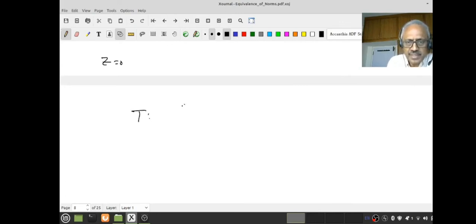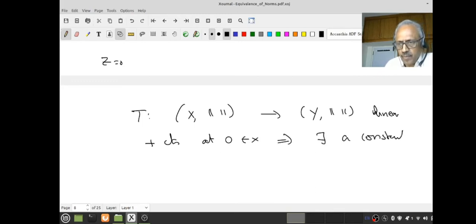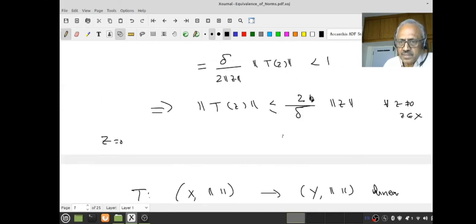If T is a linear map from the normed linear space X to the normed linear space Y, and is continuous at 0 in X, this implies there exists a constant C, so that for all x in X, norm of Tx is less than or equal to C times norm of x. In our case, this is 2 by delta.